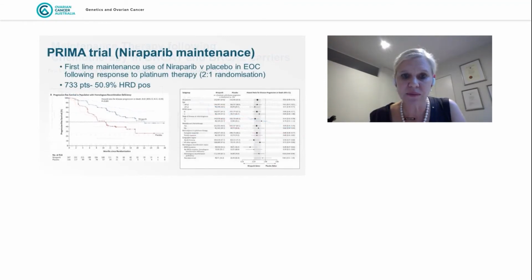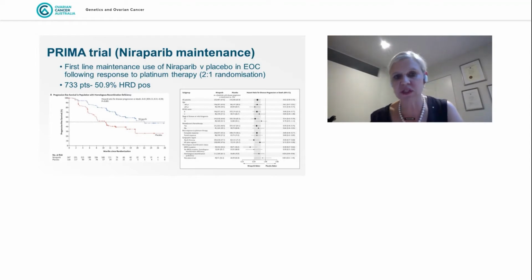So more recently, and particularly as we know now that BRCA1 and BRCA2 are not the only genes that contribute to this condition known as homologous recombination deficiency, there is the PRIMA trial looking at niraparib maintenance. Again, there are two trials looking at niraparib, both in the relapsed setting and in the first-line setting, and I've just put up the picture here of these curves for the first-line setting.